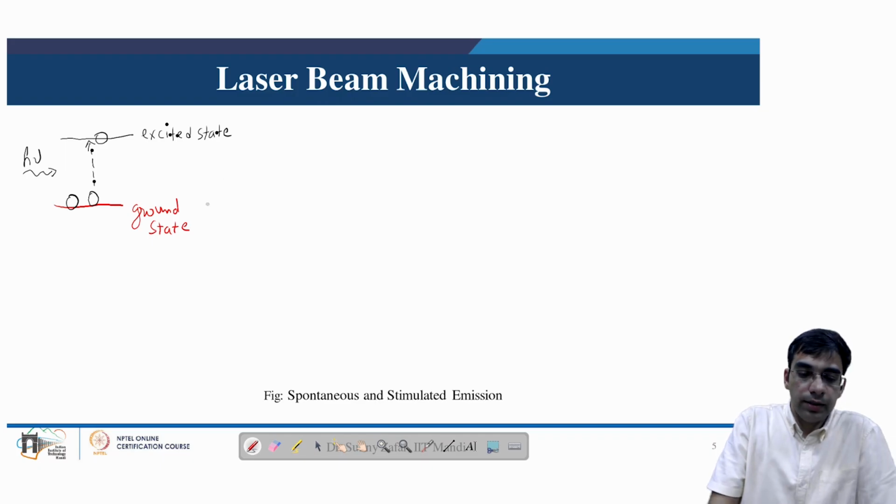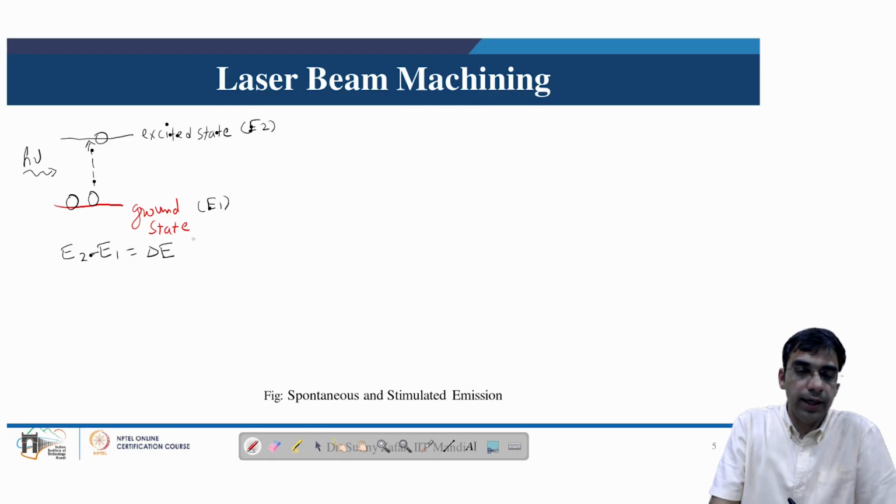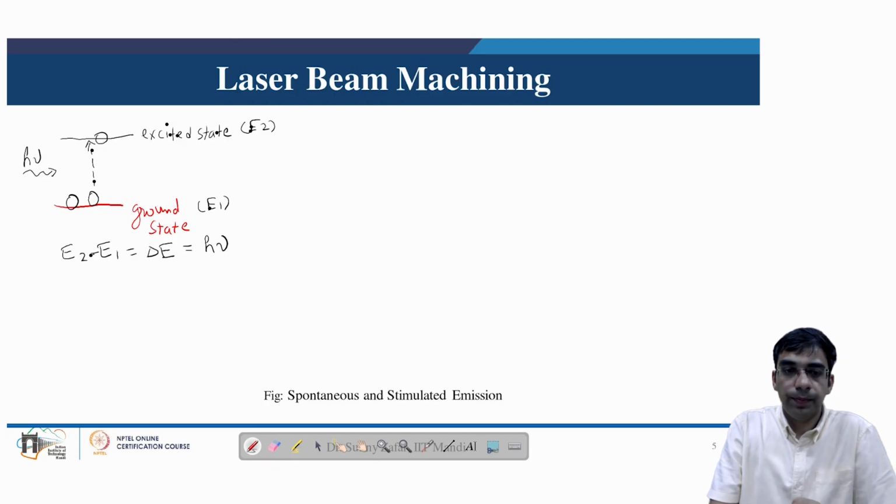So we can say that the energy level of the ground state is suppose E1 and the excited state is E2. So E2 minus E1 is basically the change in energy delta E, which is supplied by the incoming photon, h nu.